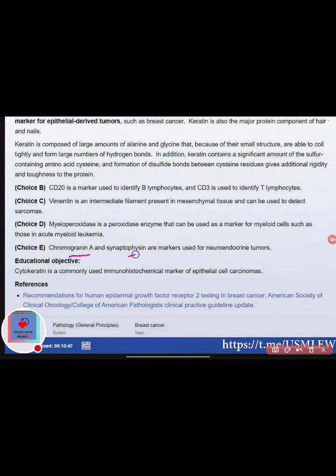Chromogranin A and synaptophysin are markers used for neuroendocrine tumors. Cytokeratin is the commonly used immunohistochemical marker of epithelial cell tumors.